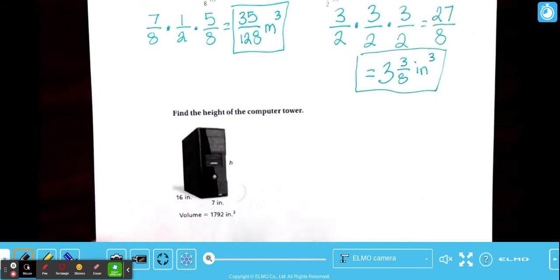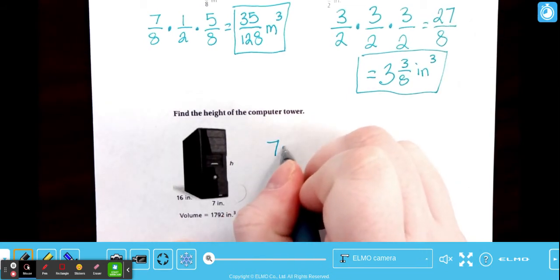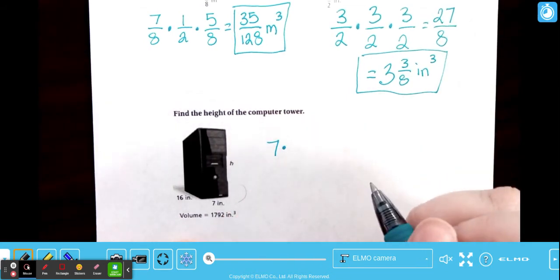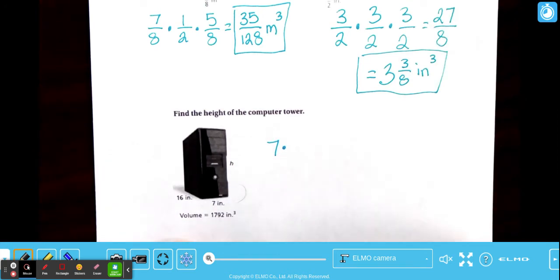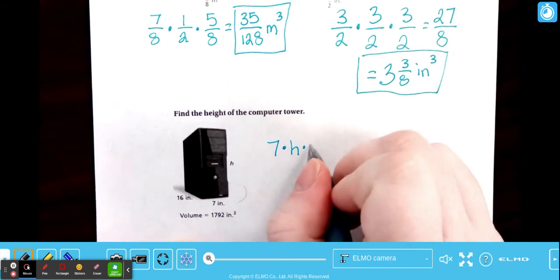All right, so the last example says find the height of the computer tower. So we're missing a measurement. So we know that to find the volume, we do length times width times height. So let's set up the equation. What's the length of that computer tower? 7. What's the height of the computer tower? H. And what's the width? 16.